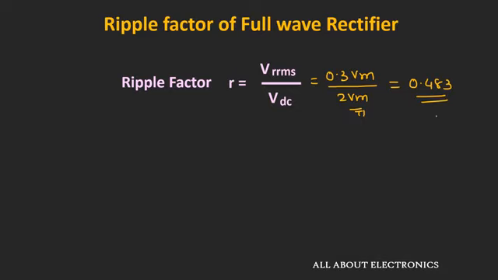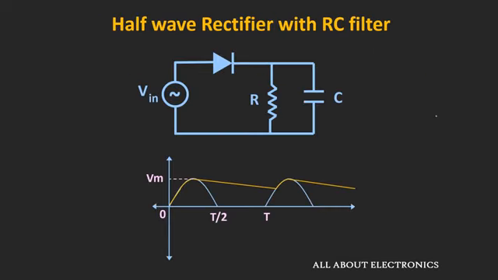Now for any rectifier circuit, this ripple factor should be as minimum as possible. And we can further improve this ripple factor by using the RC filter circuit. So first of all, let us find out the ripple factor for the half wave rectifier whenever it is used with the RC filter. With the RC filter, the output waveform of this rectifier can be represented by this yellow waveform.